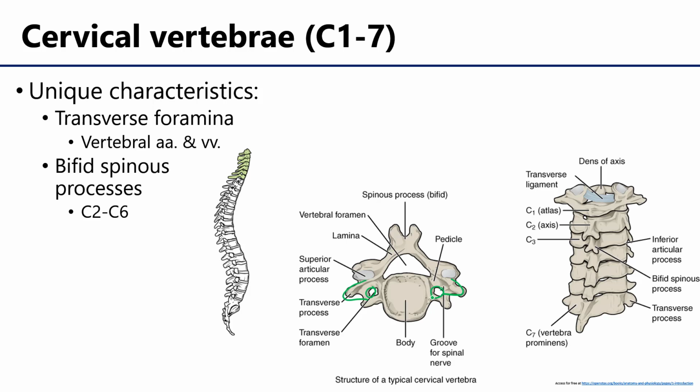It's through these transverse foramina that we'll have vertebral arteries and veins. These are vessels which specifically serve the brain. Another unique feature of cervical vertebrae, in particular cervical vertebrae 2 through 6, are that their spinous processes are bifid, or divided into two parts, like so. Some more strongly than others.